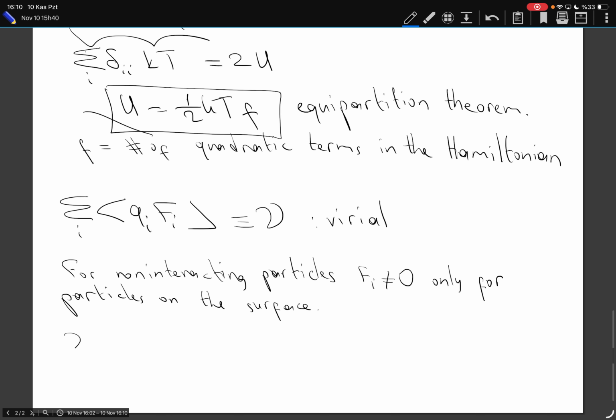So this virial is just the sum over particles on the surface.